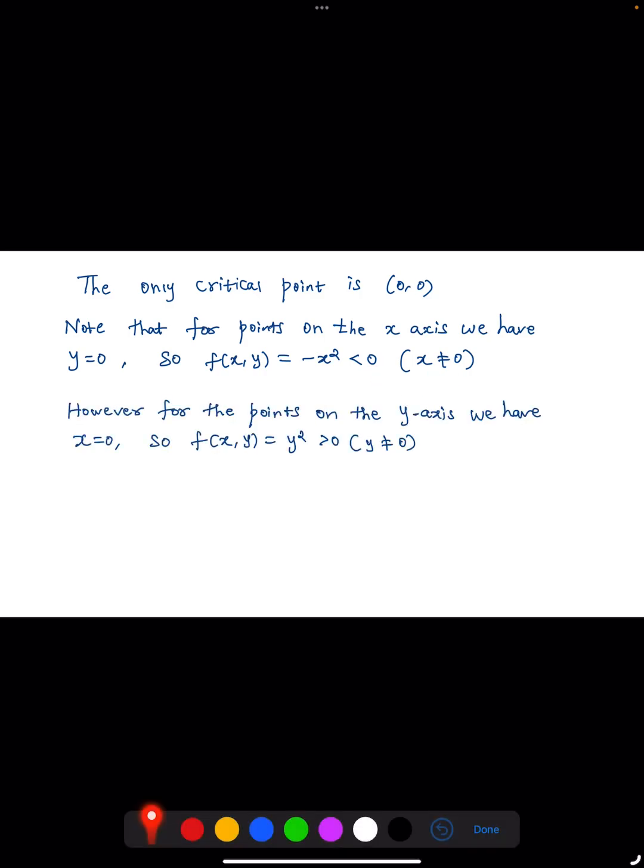However, for the points on the y-axis we have x equal to 0, so f of x comma y equals y square. When you substitute x equal to 0, that gives you y square, which is greater than 0 where y is not equal to 0.